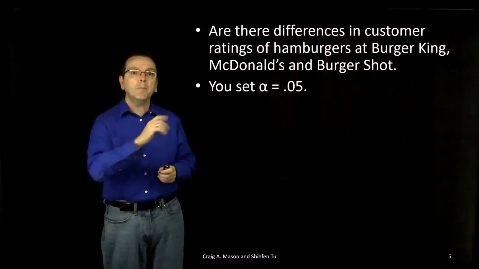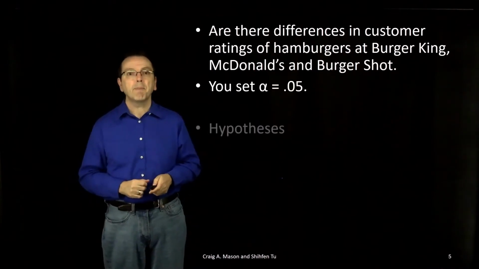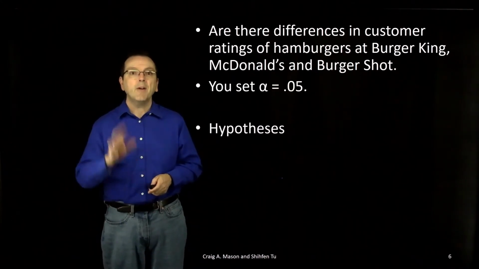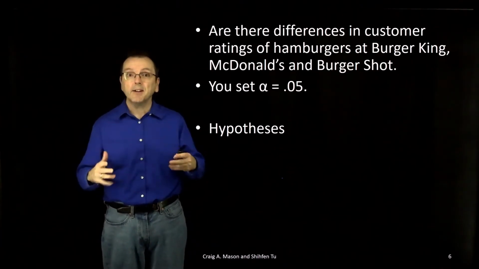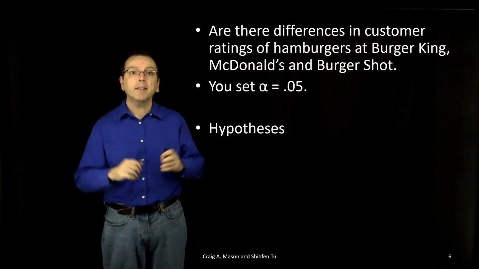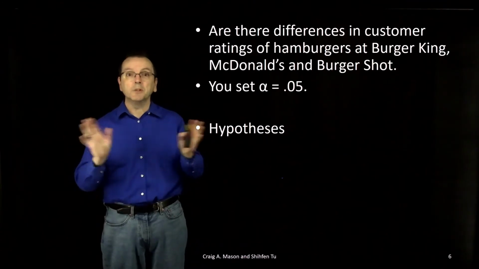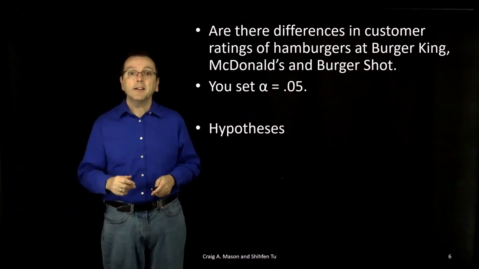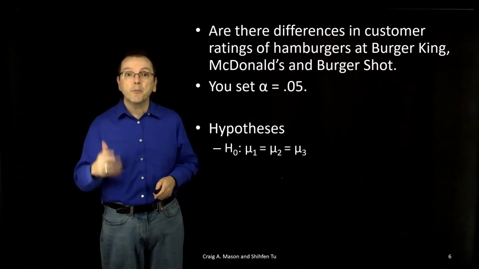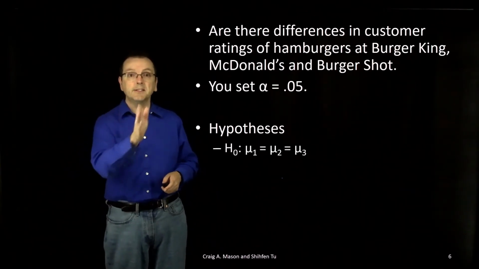So what would be our hypotheses in this case? Now, the nice thing about a one-way ANOVA is that mathematically, in the language of math, our hypotheses are always the same. Our null hypothesis, H0, is that the means for the 3 populations are all the same.